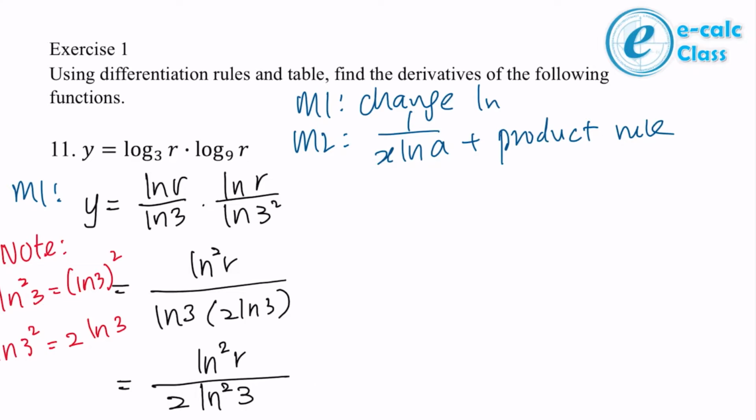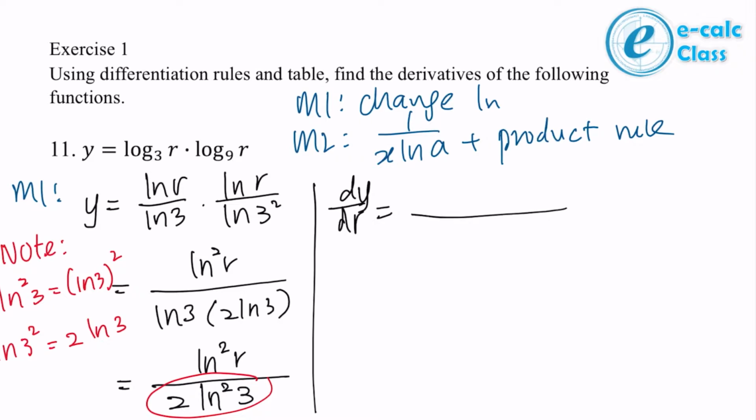And now you just have to differentiate, and you don't actually have to use quotient rule here. Why? Because the entire thing here, 2 ln square 3, is a constant. Okay, so you don't care. Just directly do your dy dr will be 1 over whatever you have at the bottom.